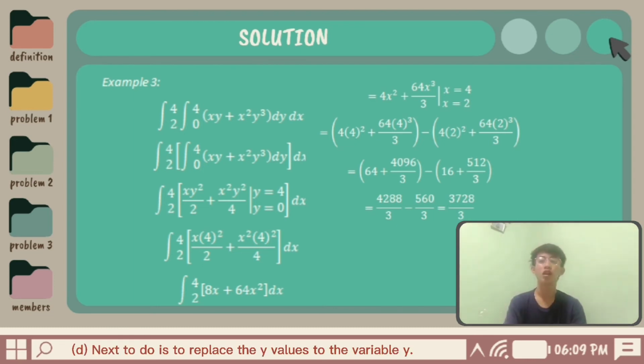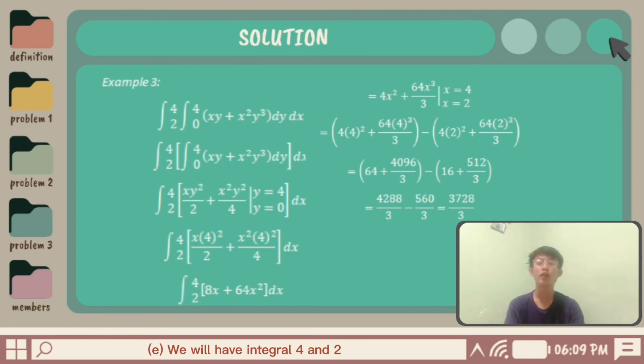Letter D. Next to do is to replace the y values to the variable y. We will no longer include 0 since it has no value. We will have integral 4 and 2 parenthesis is the function x sub 4 squared over 2 plus x squared sub 4 to the 4th power over 4 parenthesis dx.